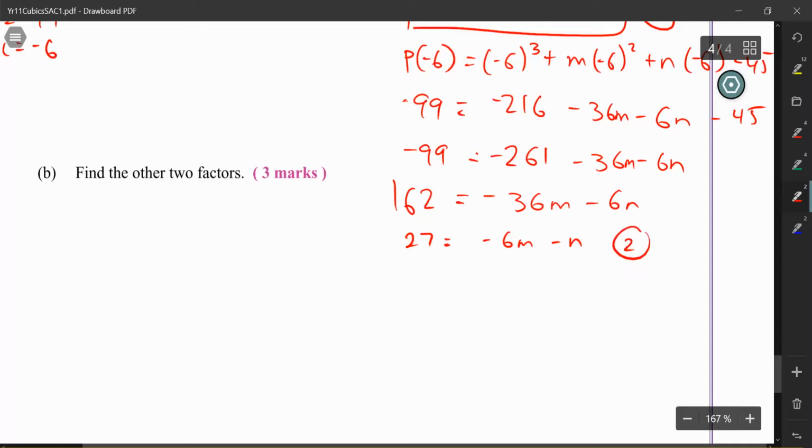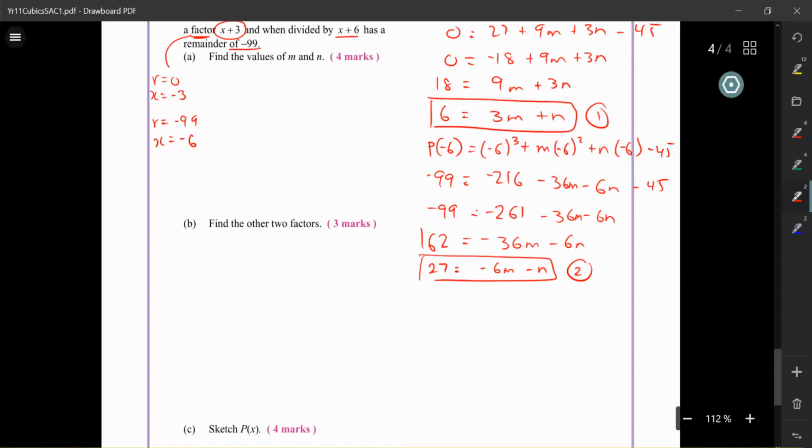That's equation 2. Okay. Now that you got equation 2, notice n and n are the same quantity, so you can say, therefore, equation 1 plus equation 2, 6 plus 27 will end up giving you 33 is equal to 3m plus negative 6m becomes negative 3m, and then the n's will cancel out.